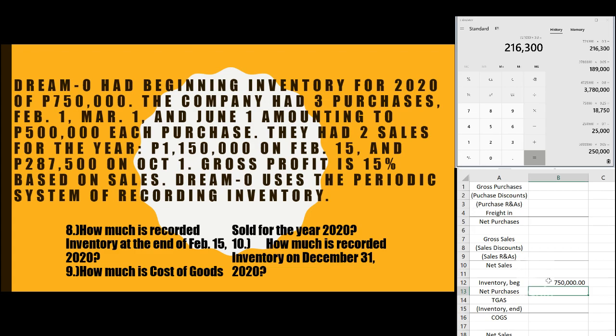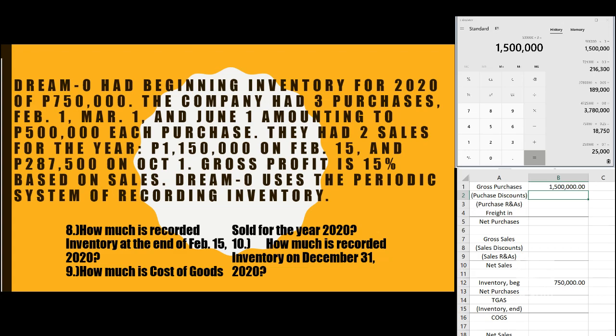So tatlong beses ka bumili for 500,000 each purchase. 500,000 times 3 is simply 1.5. So this one will be here. 1,500,000 gross purchases.